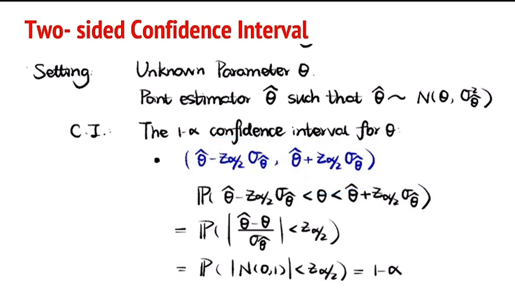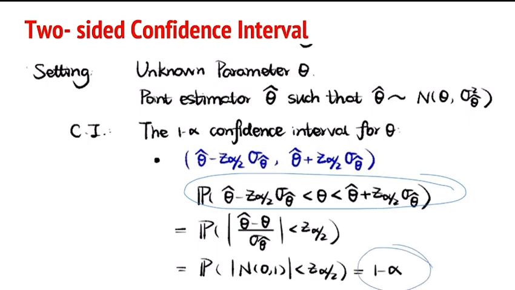We know that the probability of the parameter lying in the interval is equal to 1 minus alpha, which I call the confidence level. Don't forget, alpha represents the level of significance, and the level of confidence and level of significance are complementary if you look at the mathematics here.